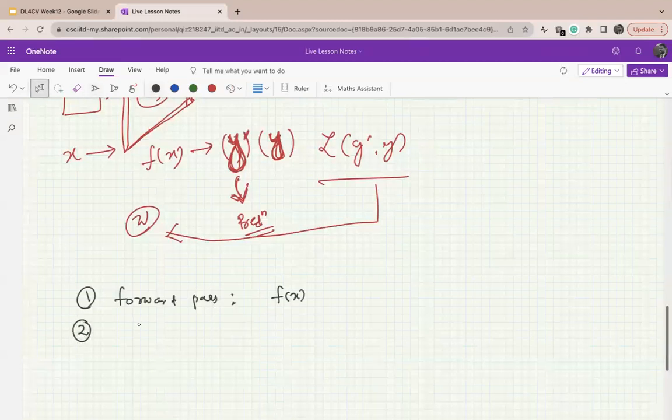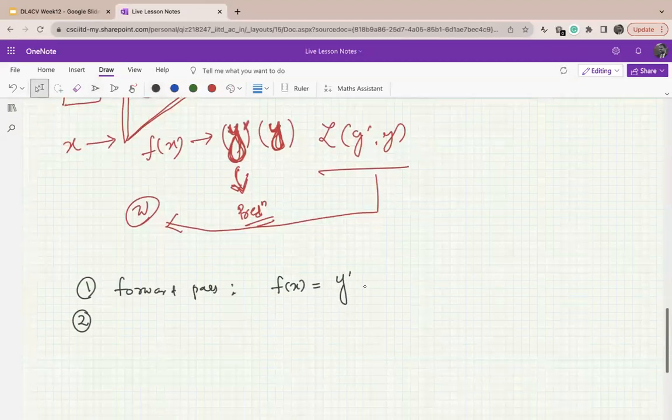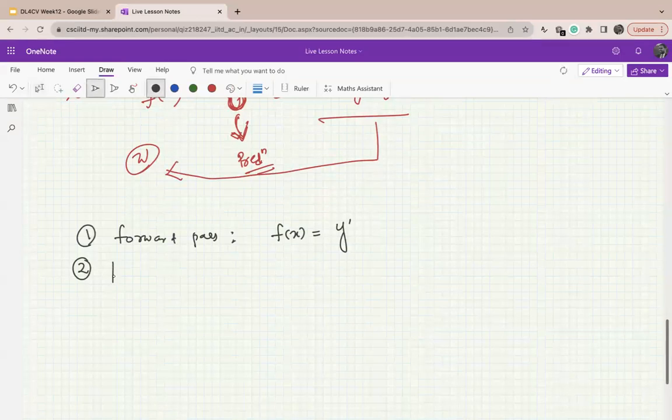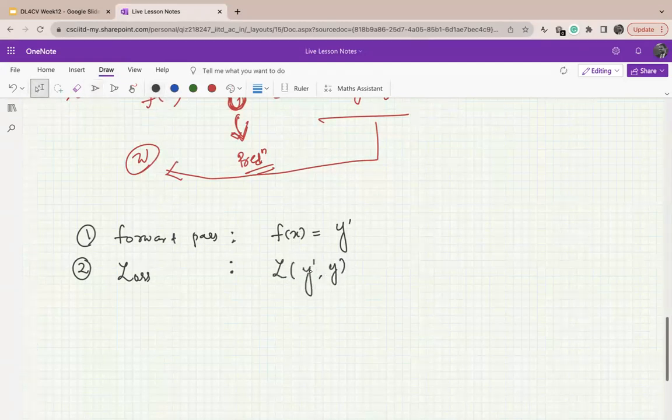Second step is prediction, so f of x equals y hat. Then calculate the loss, that is the loss of y hat and y.